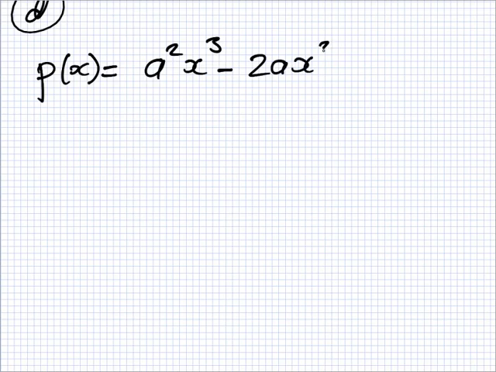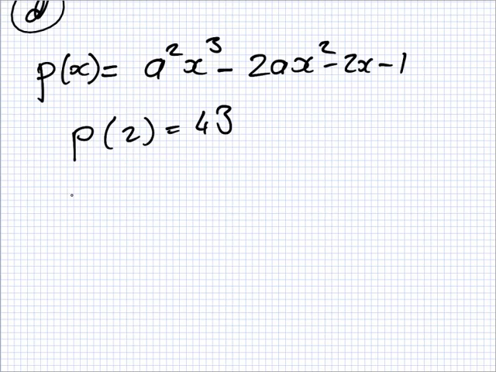Right. D. The remainder is 43. Yeah, so what's the a? You just have to say P(2) equals 43. This is called the remainder theorem. Remember this?